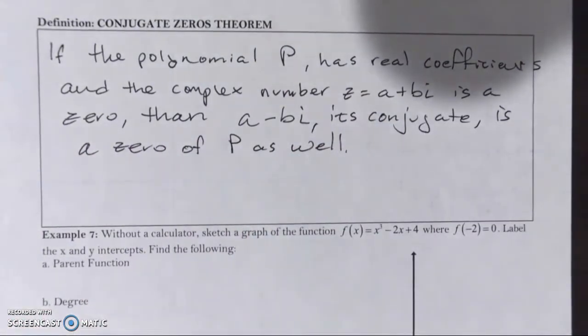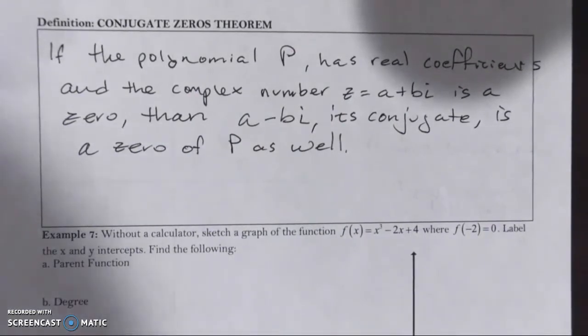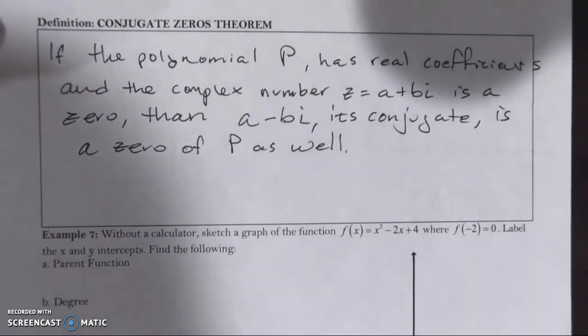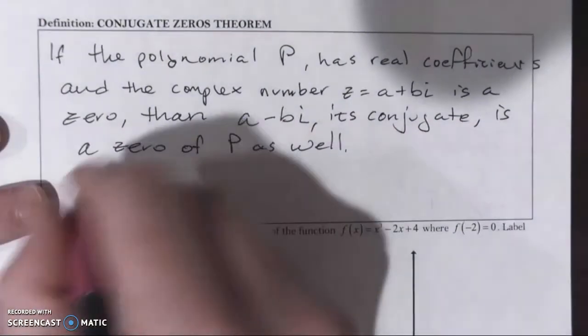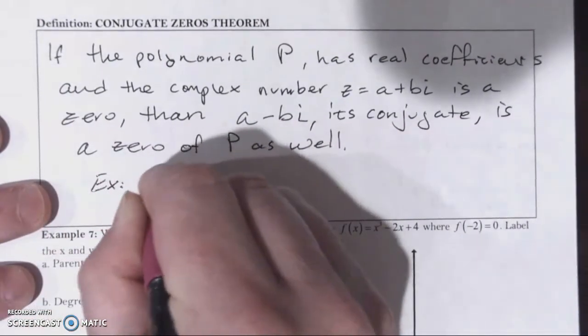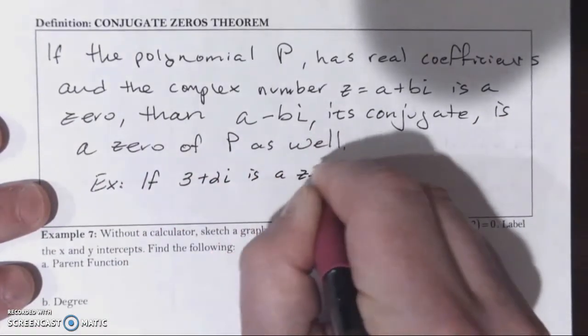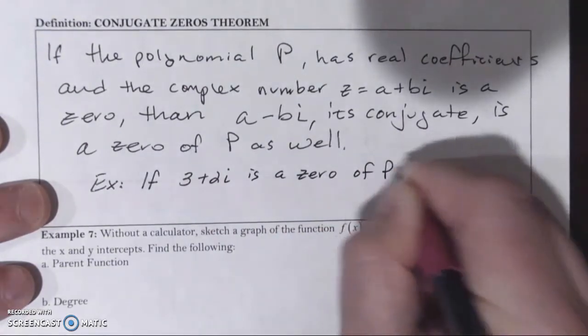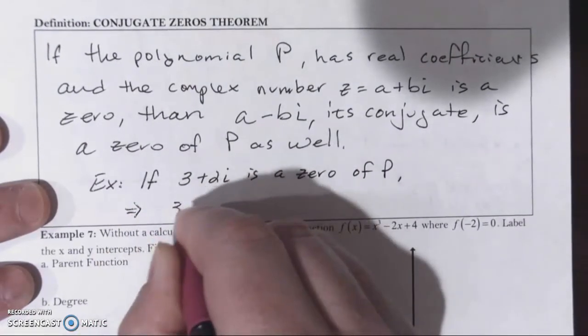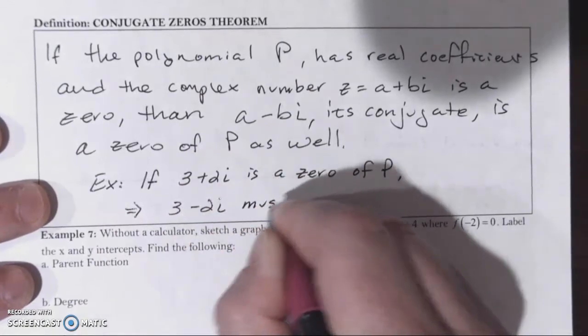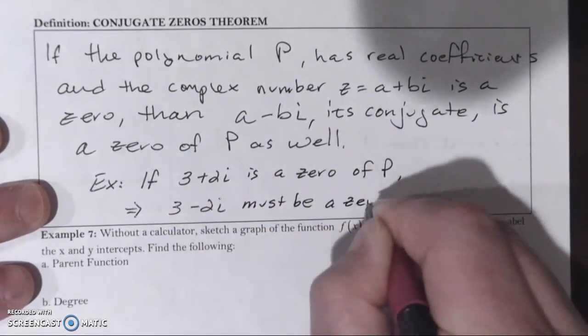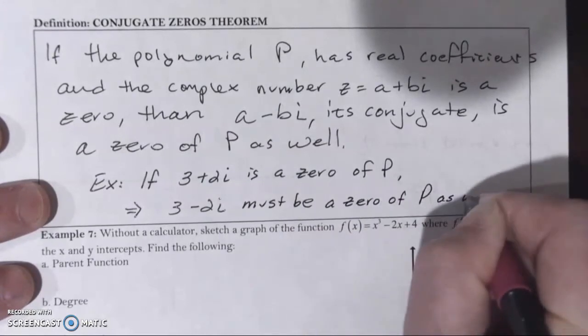Basically just wraps up what we talked about on the last page. Now, what we did was we saw using the quadratic formula, and in the quadratic formula there's already a plus or minus. So that doesn't necessarily allow us to generalize that there will always be zeros that come in pairs, but there are. So for example, if we tell you that 3 plus 2i is a 0 of P, then 3 minus 2i must be a 0 of P as well.